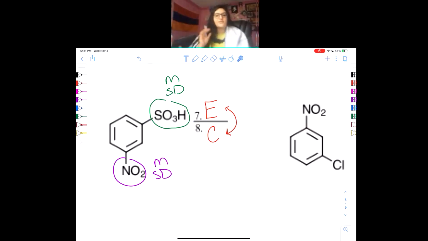So the most favorable order of reactions would be E followed by C. But it is possible that it could have happened the other way. That's why I put this arrow like this. Because technically, if you added NO2 first and you did a sulfonation, it would add just like this. Less favorable, but it would be just like that.